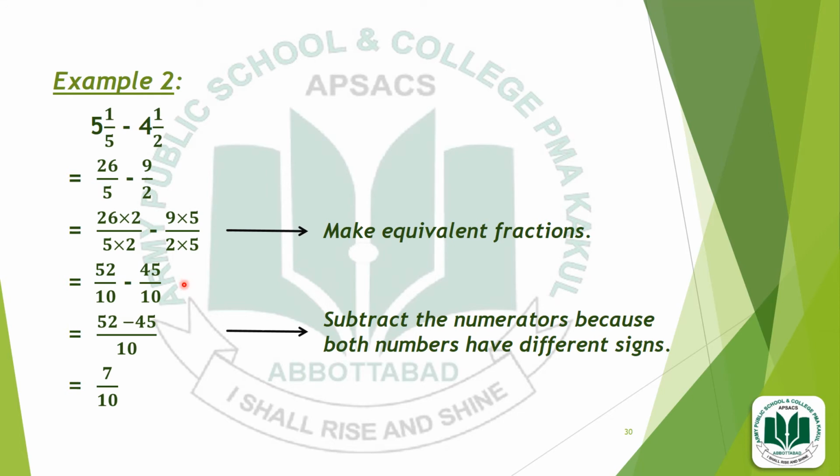So, we will get 52 by 10 minus 45 by 10. Now, since both fractions have same denominator, we can subtract the numerators. After subtracting, we will get an answer 7 by 10, which is a proper fraction.